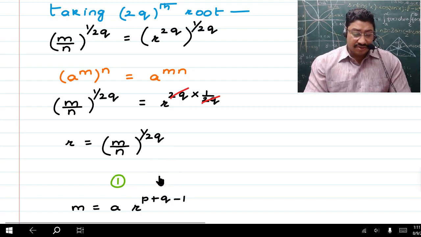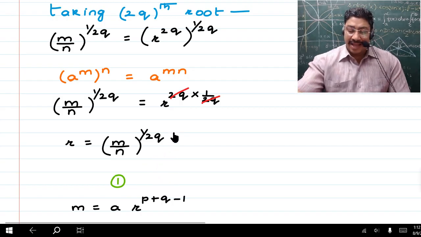Now after this children, we will get to the first equation, and now substituting this value of r, we will be able to get to the value of a.